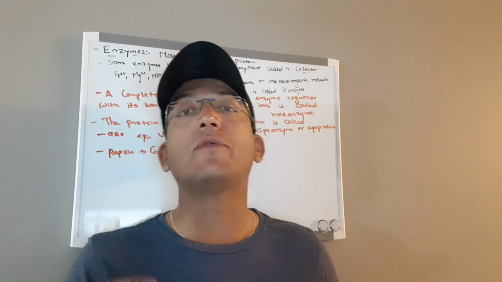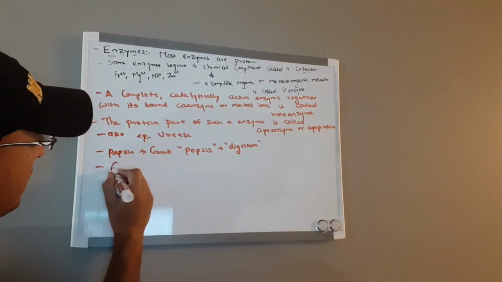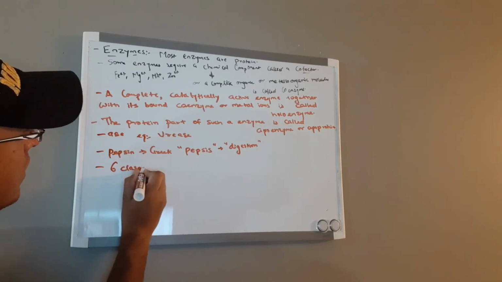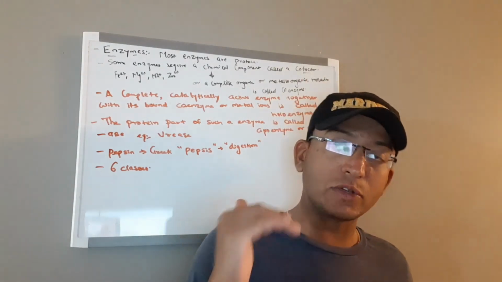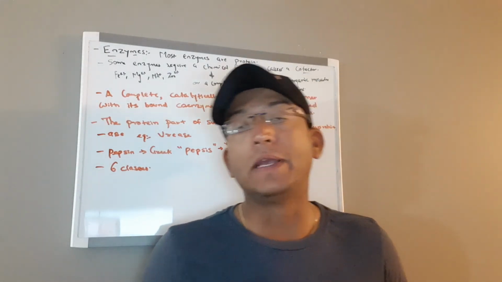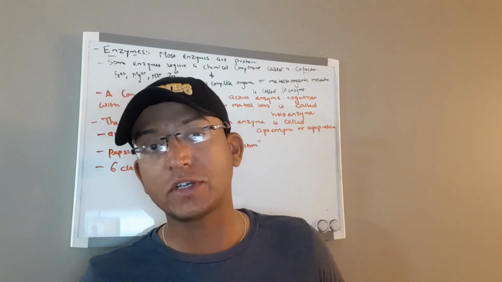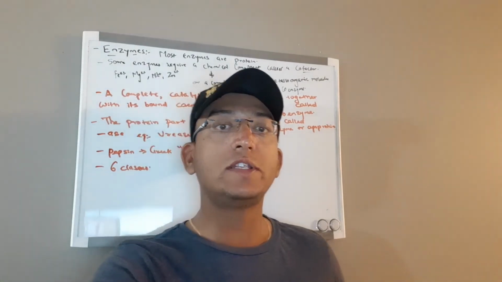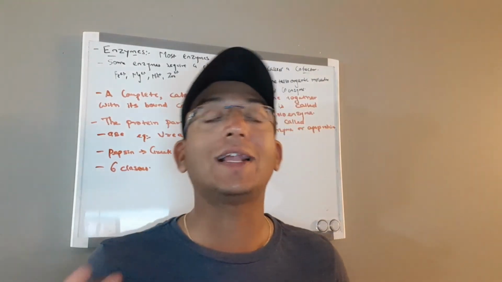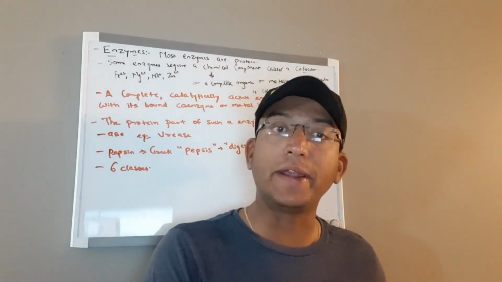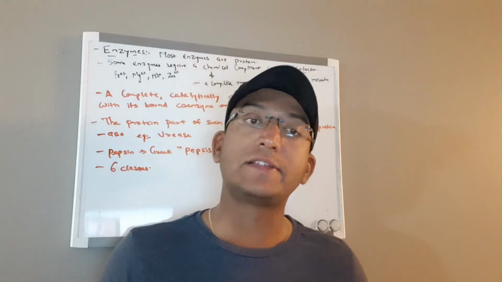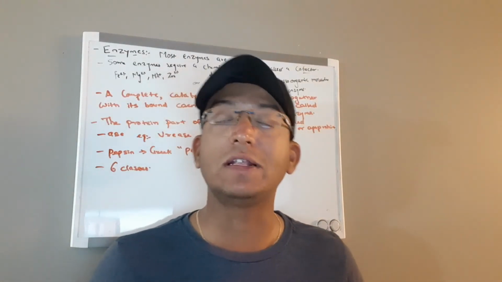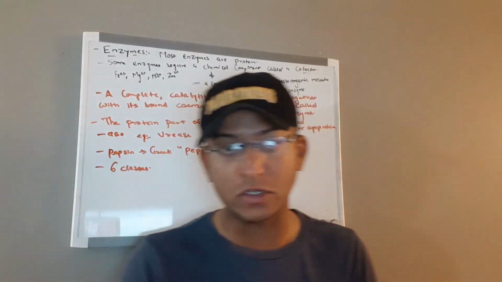This system divides enzymes into 6 classes, each with subclasses based on the type of reaction catalyzed. Each enzyme is assigned a 4-part classification number and a systematic name which identifies the reaction it catalyzes.